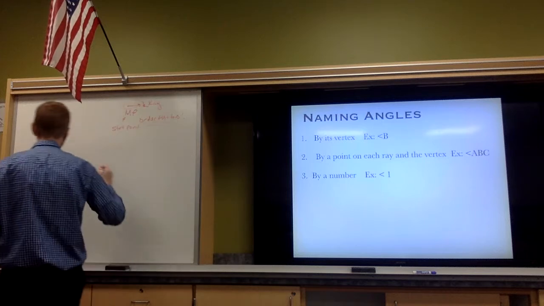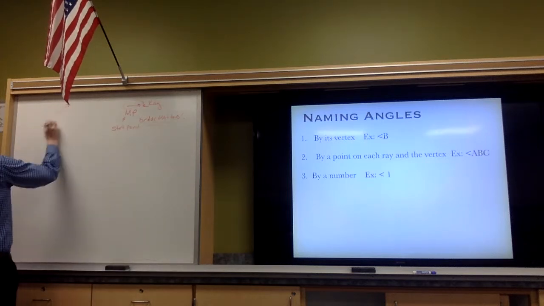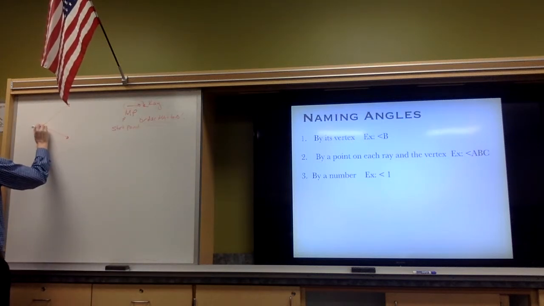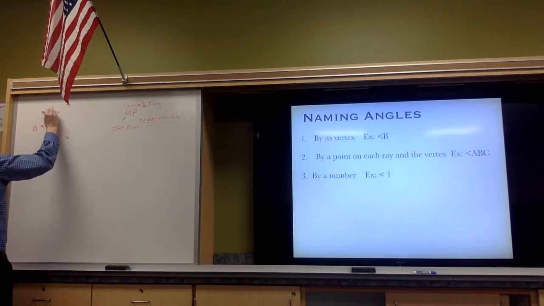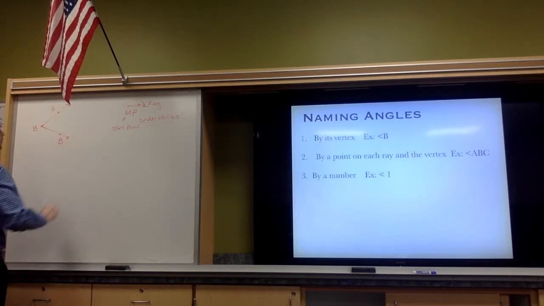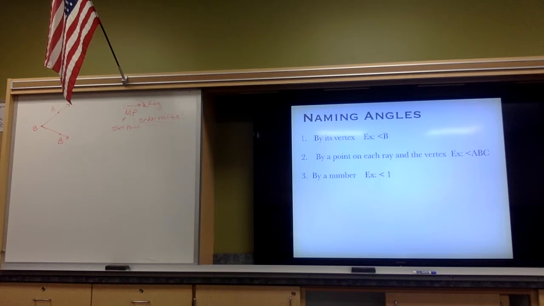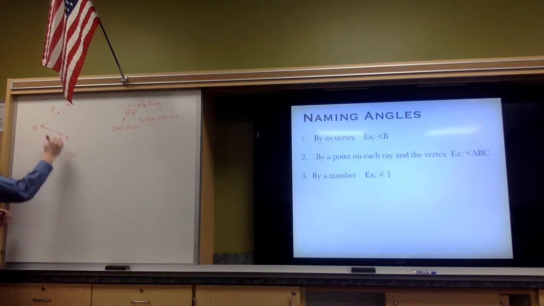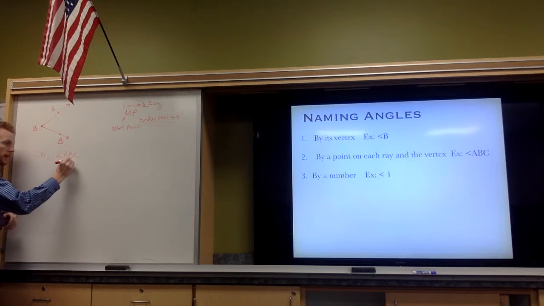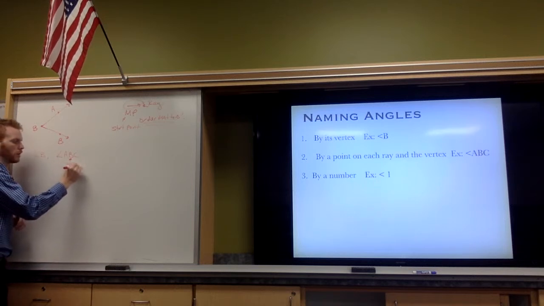Let me just expand upon that a little bit here. If that was my angle, I could call it angle B. That's what the first one says. Now angle ABC, I named it with three points here. Notice something: the vertex is always in the middle when I name it.